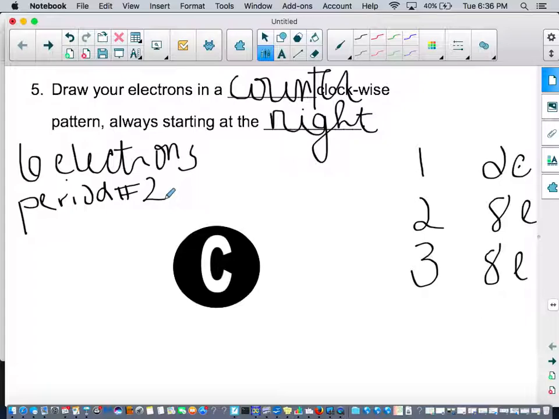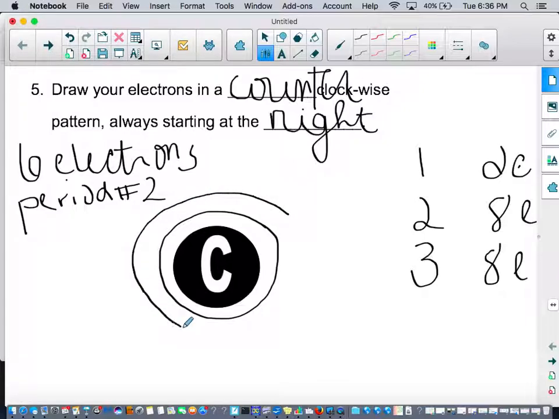All right, so we're going to go ahead and draw the Bohr diagram. Since it's in the second period, that means that we have 2 orbitals around the atom. I'm going to pretend like this black circle with the C in it is my nucleus. And I'm going to draw 2 orbitals around the nucleus.